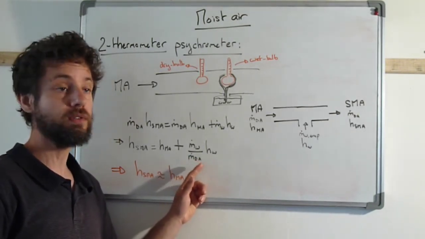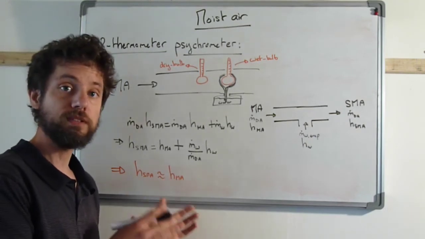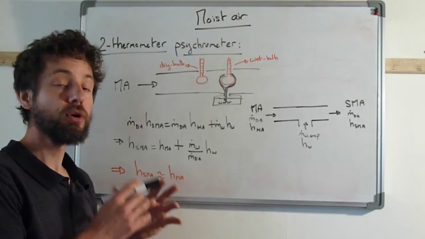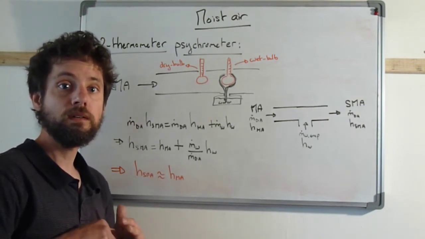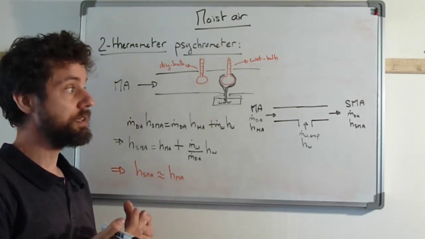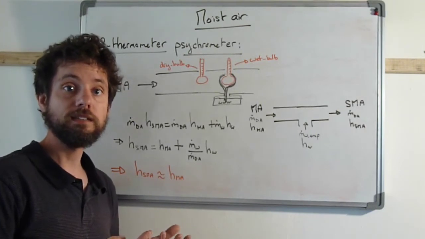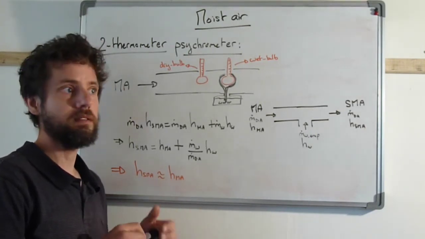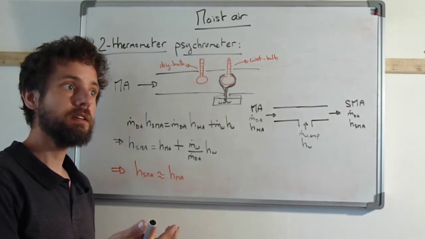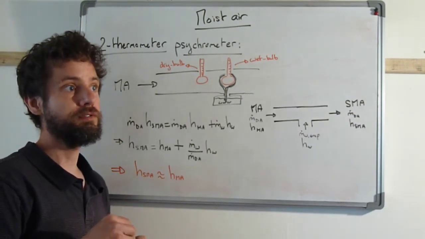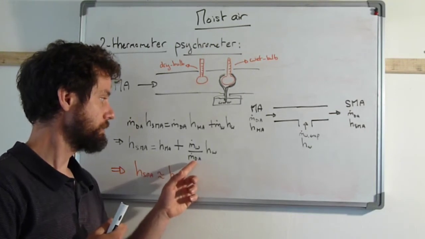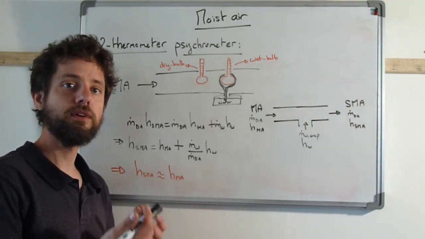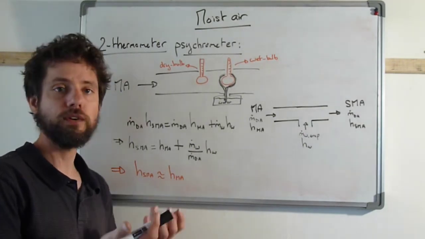This is due to the fact that, as we have presented before, the proportion of water in a moisture or in a saturated moist air is always very small, because the saturation pressure of water in normal temperature conditions is always very low compared to the atmospheric pressure.